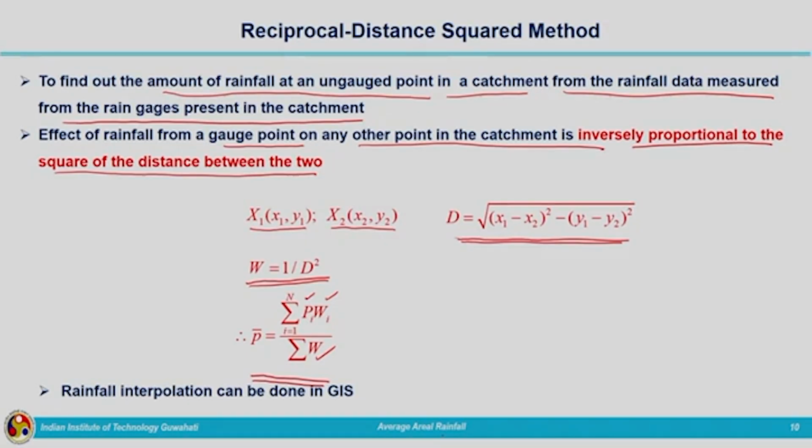Whichever gives the accurate value, by validating the method, you can make use of it for calculating the average rainfall over a particular area. So, even though we are measuring the rainfall at a point by making use of the rain gauges, that can be converted into representative average areal rainfall values based on these techniques which we have seen now.